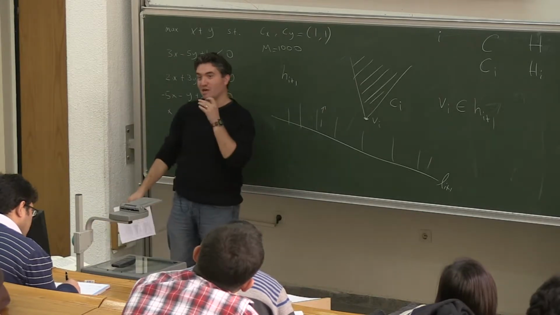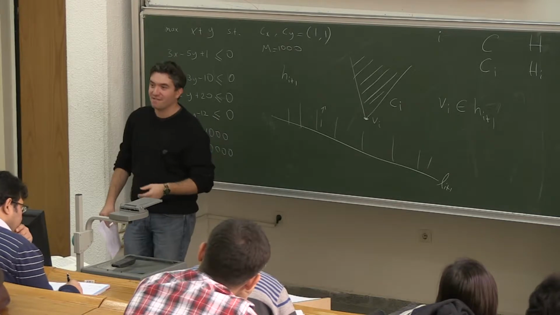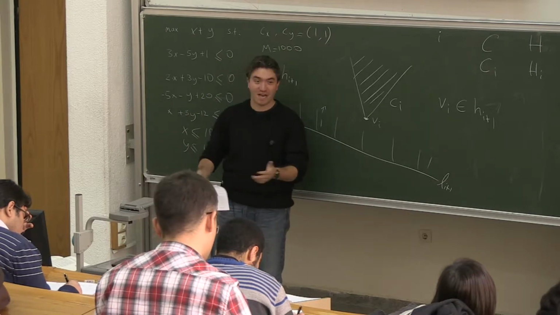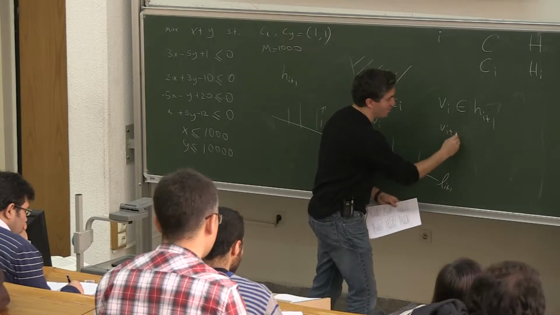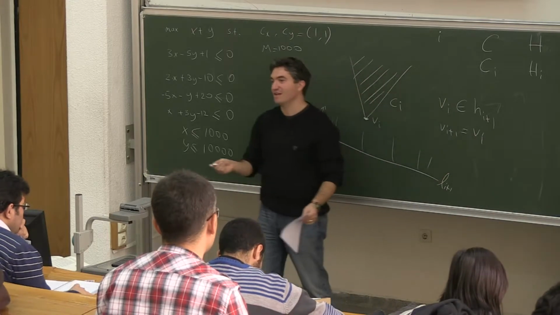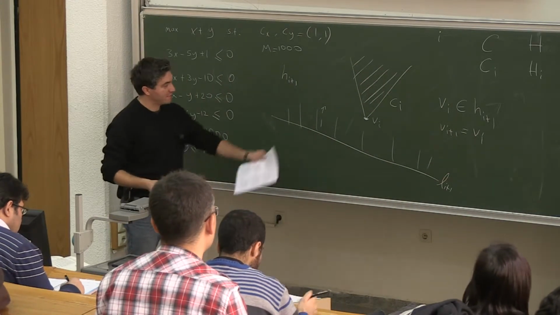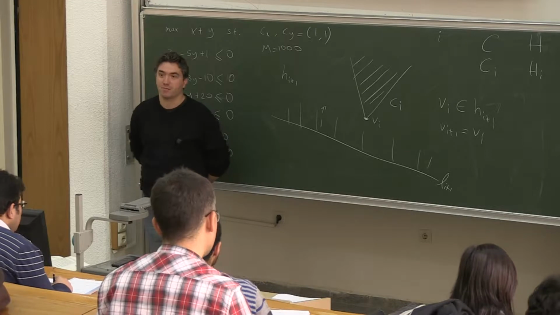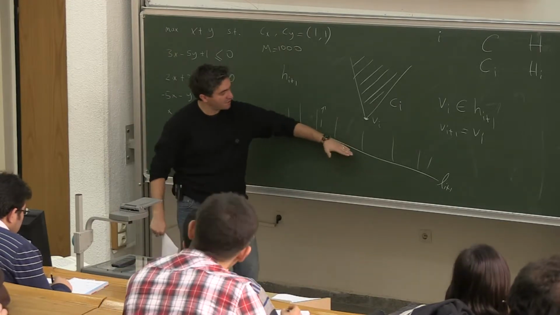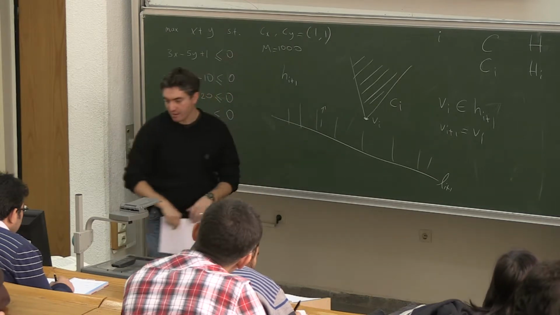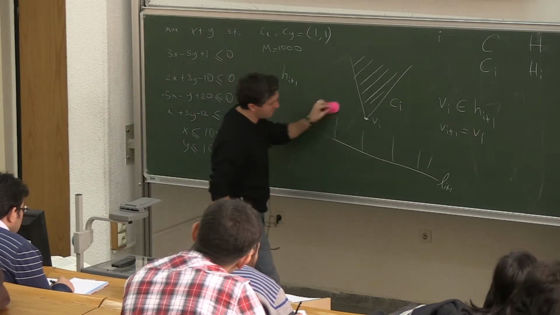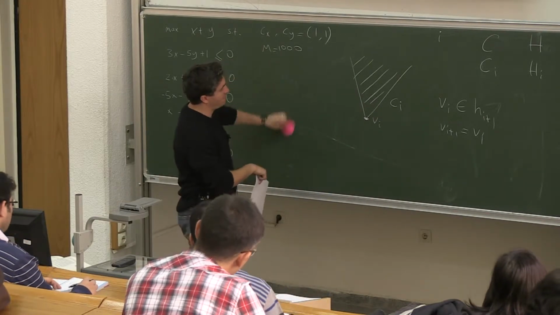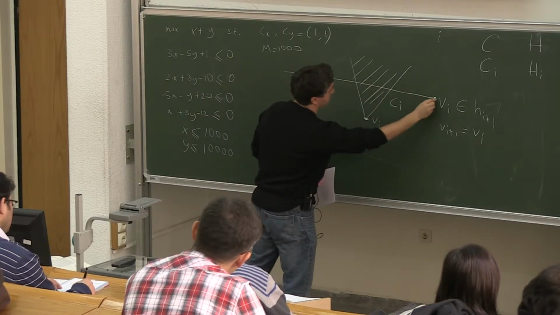Our algorithm is going to have two cases. If Vi is an element of Hi plus 1, then the next vertex Vi plus 1 is equal to Vi. If not, for example, if this Vi is not an element of this half plane Hi plus 1, how can this happen? For example, if you move this bounding line up, and imagine you moved it up, and this is the bounding line.